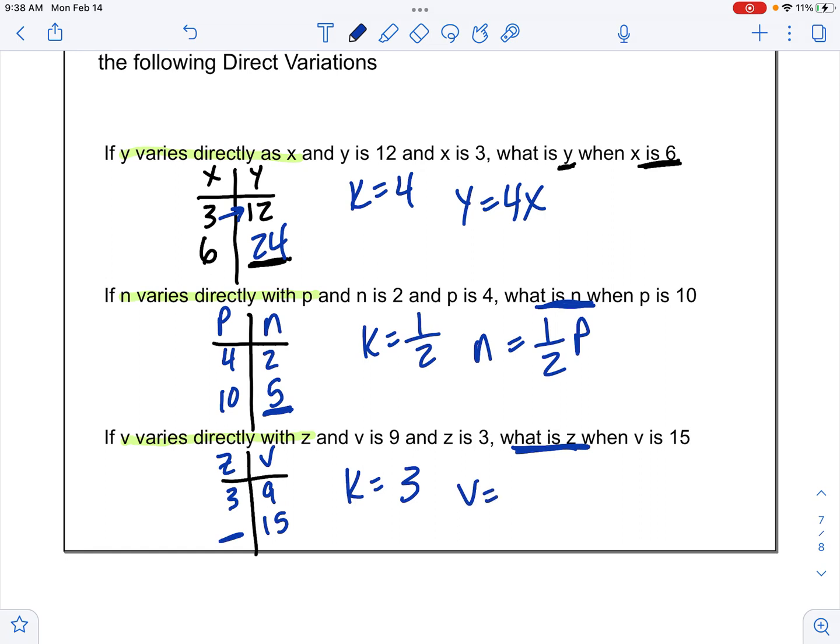It's going to be v is equal to 3 times z. So that means this is a 5. So when you know which variable varies directly with the other, you can pretty much change this to be your y and your x. Like I said, they're not always going to be x and y, so you've got to be conscious of which is varying directly with the other, because that does identify your x and y.